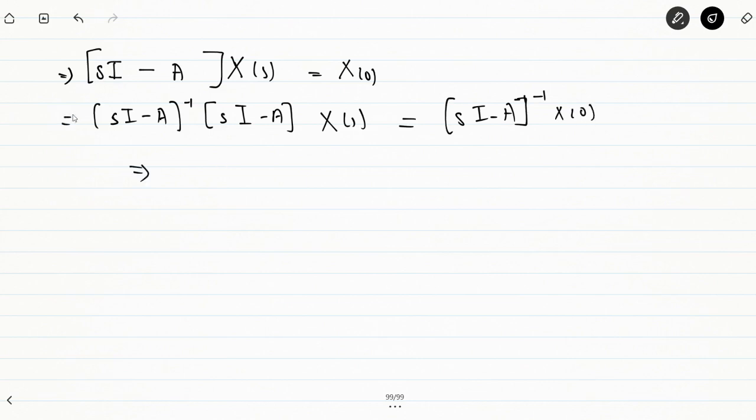Any matrix inverse into itself is the identity matrix, and identity matrix into x of s will only be x of s. So x of s is equal to sI minus a inverse x0. Fine.